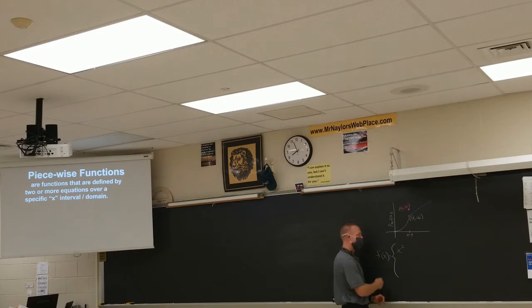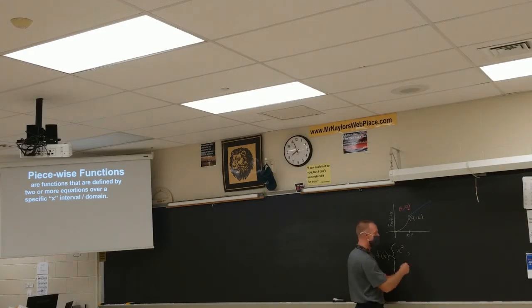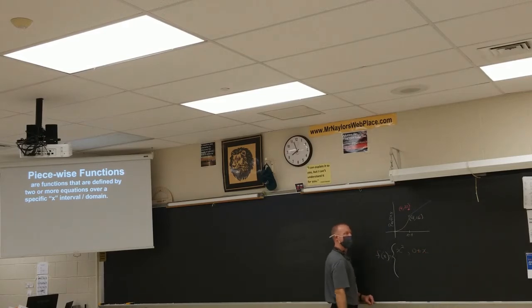So we have a parabola, the infamous y equals x squared, but we only have that parabola for some of the interval. Now remember with me that an interval is always described as the x values. To say that x is greater than 0 means that we're now to the right of 0.